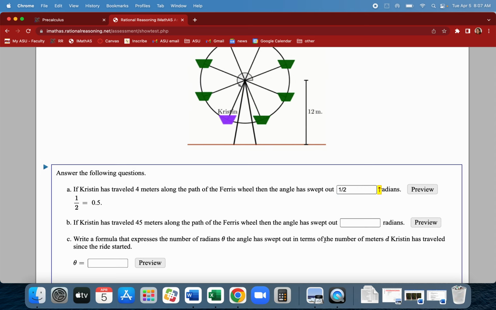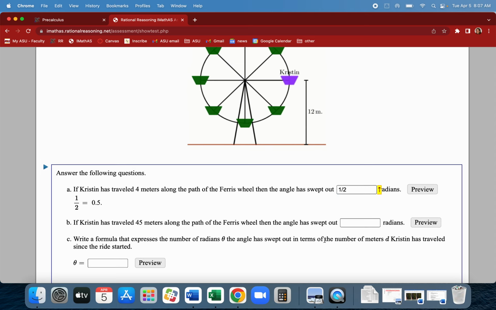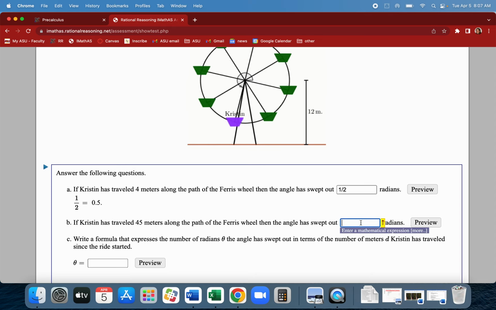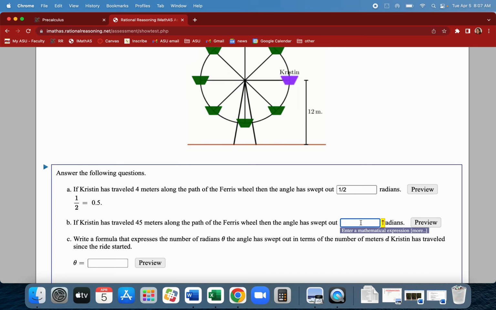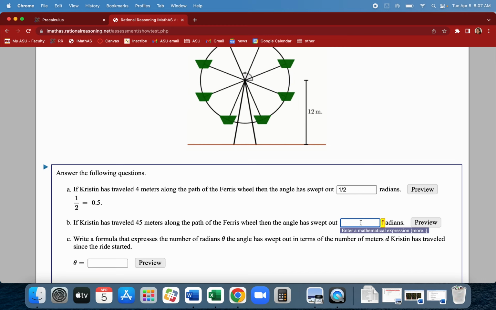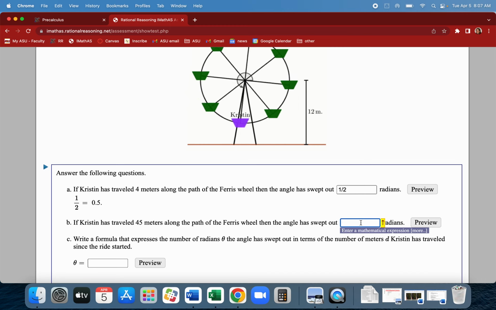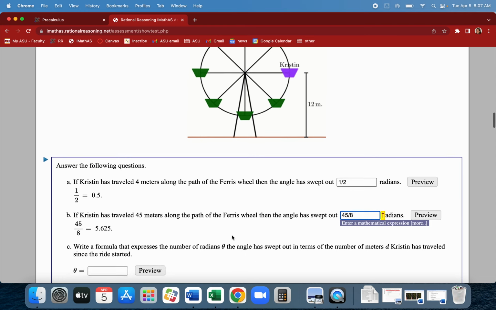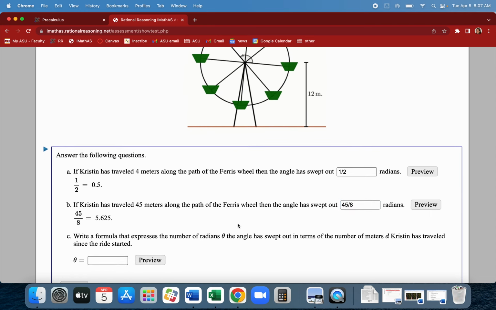If she traveled 45 meters along the path, then I know that she will have gone through, well, 45 divided by 8. Lots of radius lengths, right? 45 divided by 8 is 5 point something. 5.625 apparently, radians.